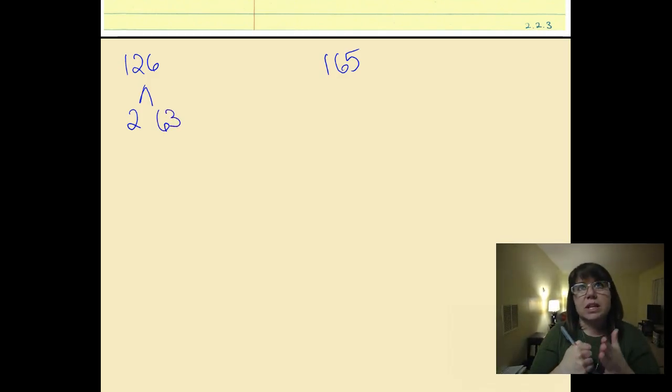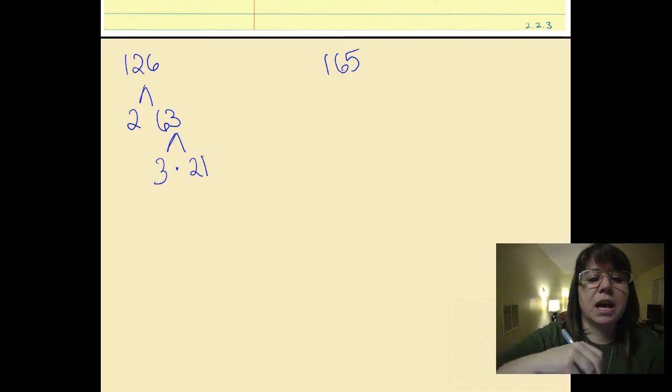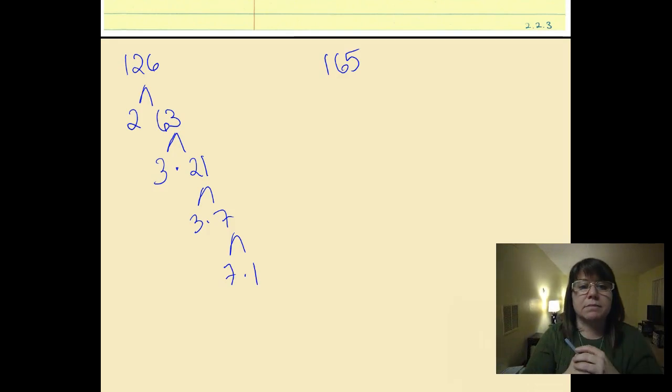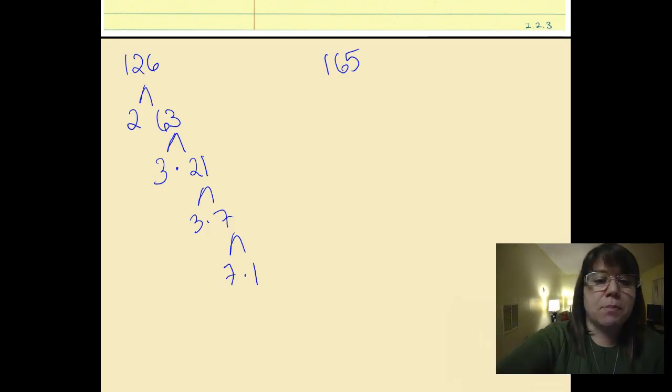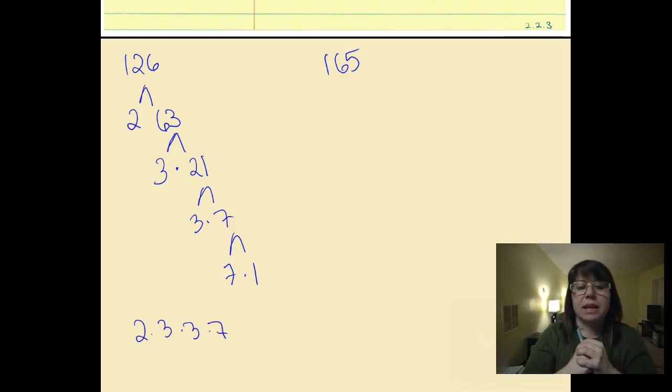Well, 63 is an odd number, so I know a 2 will not go into it, but let's try 3. 3 will go into 63 21 times. I do know 21 is 3 times 7, and 7 is prime. So my primes for the 126 break down into 2 times 3 times 3 times 7. Now the 165.